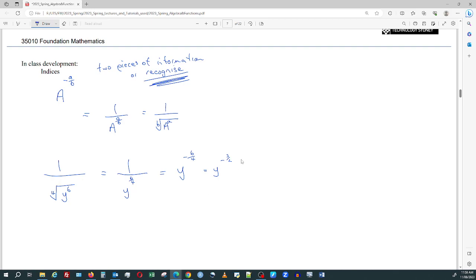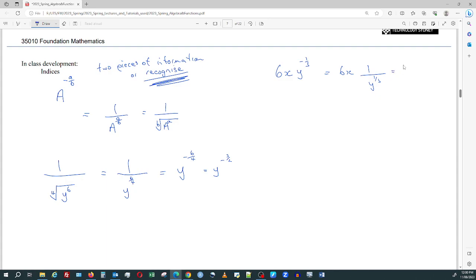Wow, getting used to doing things. Okay, what's that? Well, let's deal with the reciprocal first. The term parts left alone. By reciprocal, there's your minus gone. Y to the 1/3.